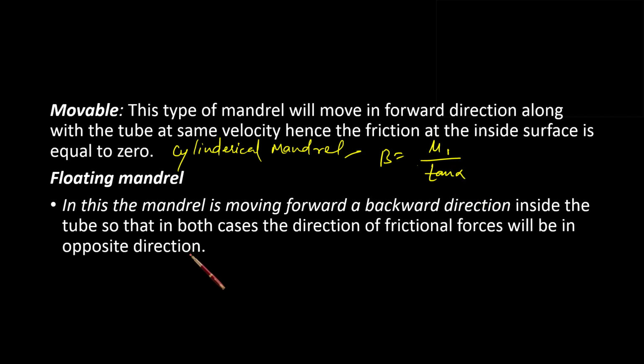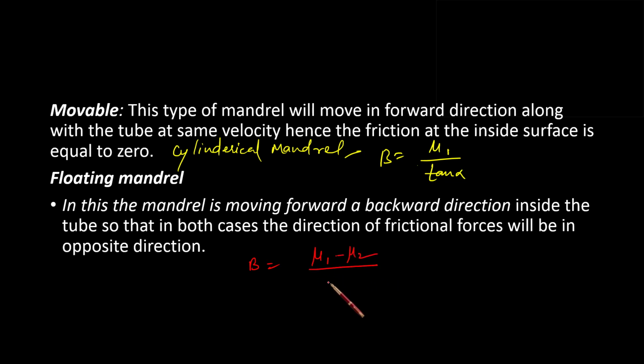In case of floating mandrel, actually it moves backward and forward inside the tube. So this is also a cylindrical one. And B will be equal to mu1 minus mu2, because it can move to and fro, and the friction will always be in the opposite direction of the movement.